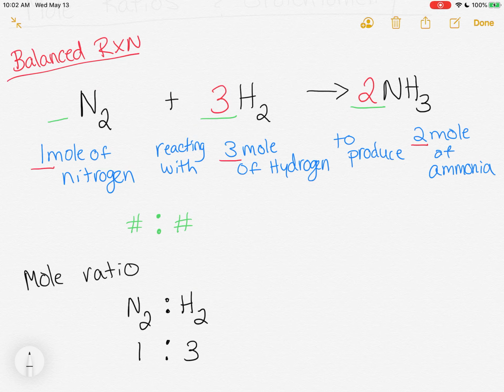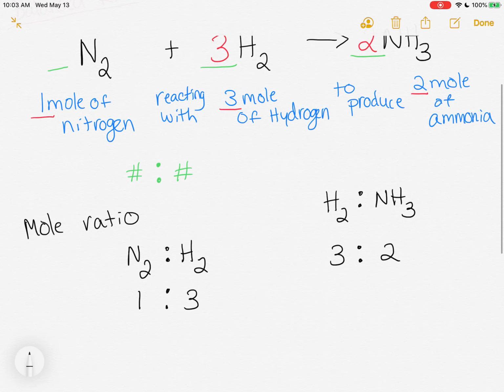For every 1 mole of nitrogen, we will need 3 moles of hydrogen. If we want to do the mole ratio of, say, hydrogen to our ammonia, then it would be 3 to 2. For every 3 moles of hydrogen, we're going to make 2 moles of ammonia.